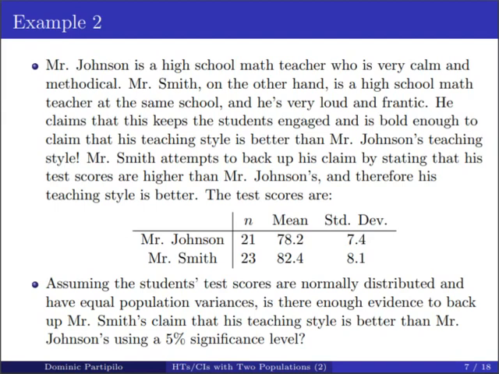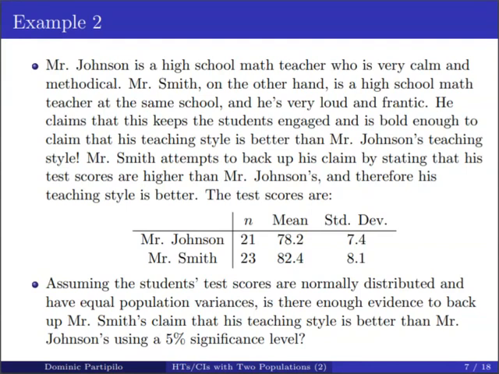So when we look at their test scores, we get this table right here, and we see that from the sample of 21 students in Mr. Johnson's class and 23 students in Mr. Smith's class, we see that the sample mean of test scores is slightly higher in Mr. Smith's class.